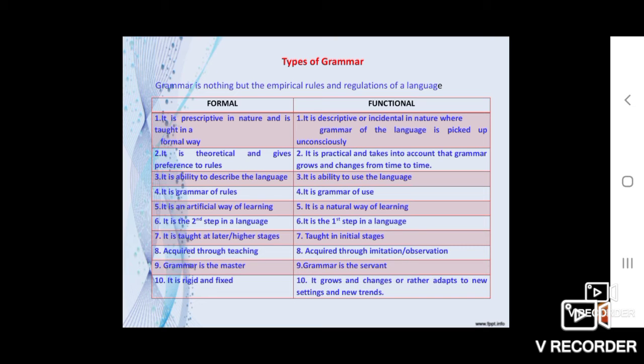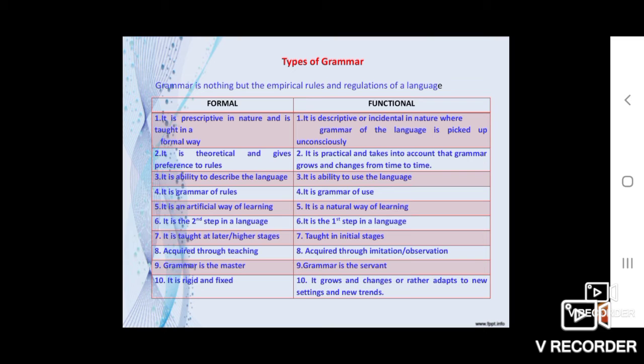The point number 3 of formal grammar is the ability to describe the language. In this one, what kind of abilities language has is totally described by the grammar.